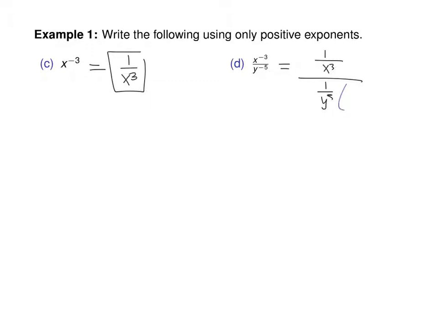Multiply by y to the 5 over 1 there, and y to the 5 over 1 there. And so the denominator cancels out, and you get y to the 5th over x to the 3rd.